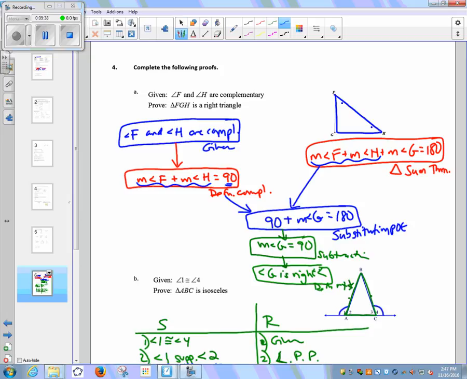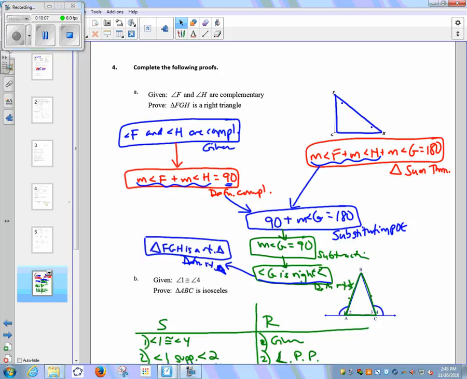And then you can end with triangle FGH is a right triangle. Reason, definition of right triangle. So here it's definition of right angle because the right angle is that it's 90 degrees. Here, definition of right triangle because definition of right triangle says that it has a right angle in it.